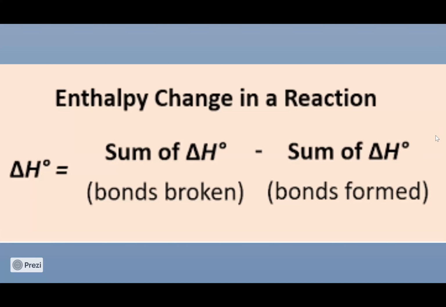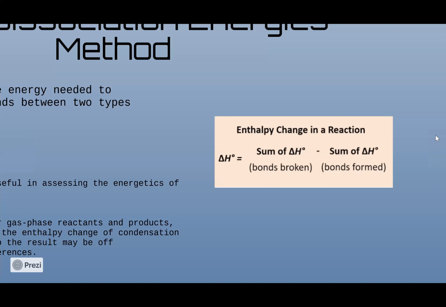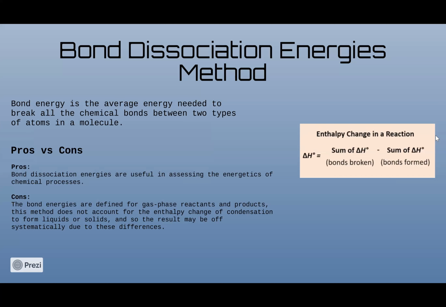Delta H reaction equals the sum of the delta H of the bonds broken, subtract the sum of the delta H of the bonds formed. When you subtract the bonds formed from the bonds broken, it should give you delta H reaction, which in this case is the bond dissociation energy method.